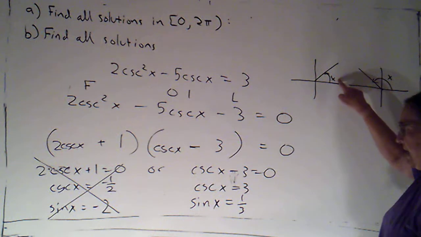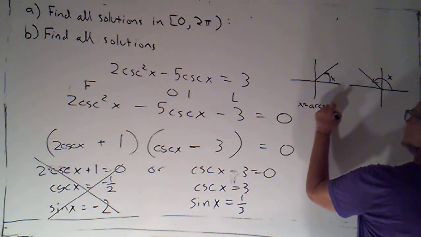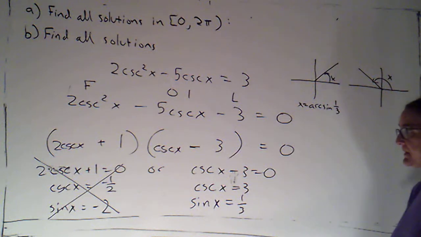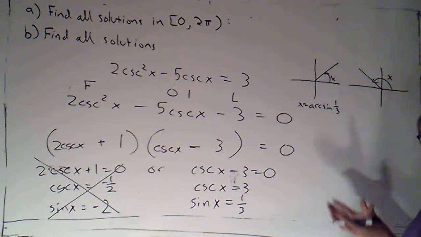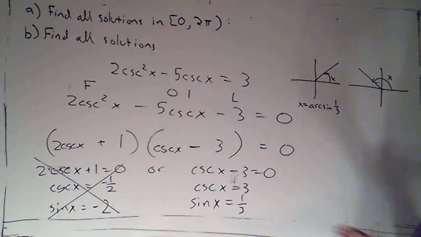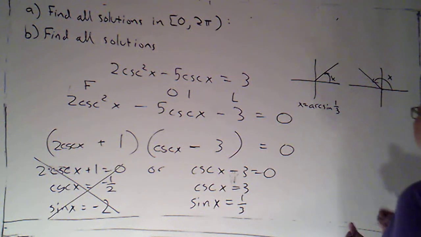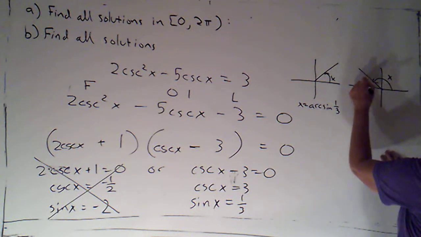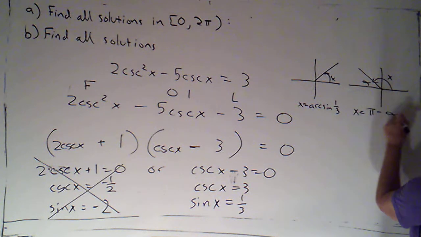So my acute angle here will just be x is arcsine of 1/3. Okay. I could have expressed that as arc cosecant of 3. That would be another way of giving that answer. I usually prefer to write things in terms of sines, cosines, and tangents. Here, that's going to become my reference angle. So x is pi minus alpha.